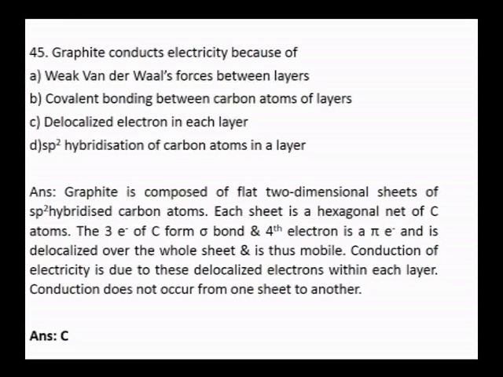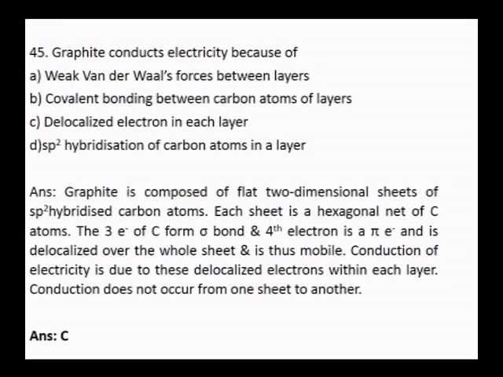Because of sp2 hybridization, each carbon is bonded to 3 more carbon atoms with 3 electrons, and the 4th electron of each carbon atom is not involved in bonding and is considered a delocalized electron, and hence it moves around the hexagonal network of carbon atoms in the graphite, and the conductivity of graphite is due to these delocalized electrons within a layer.